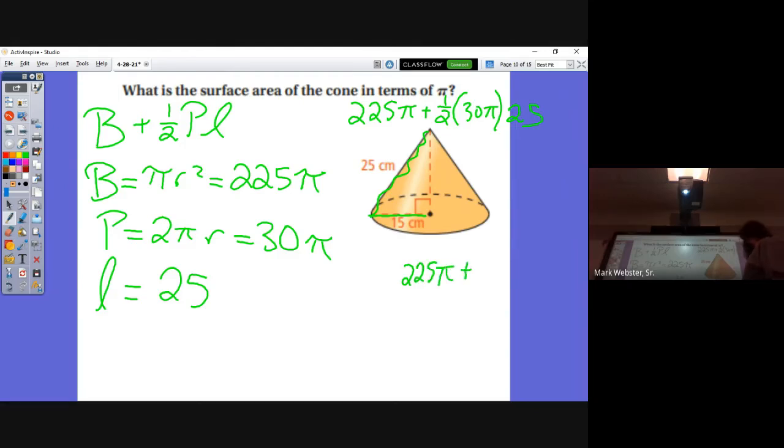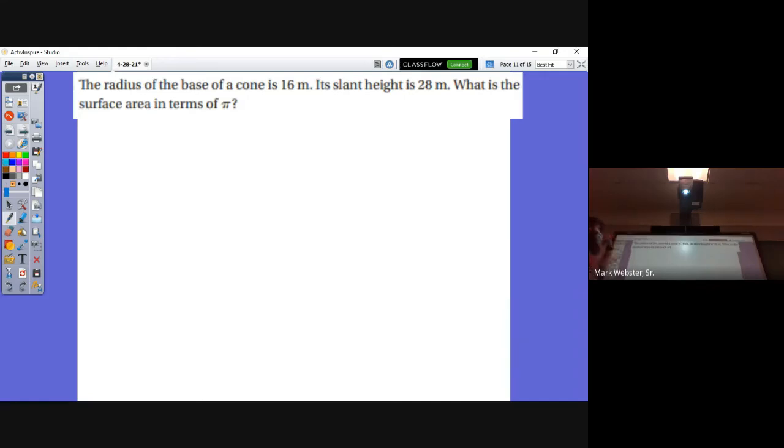I want to say this is something 75. 15 times 25. 375 or 75? 375. Then you add those together, 600 pi. Again, don't try and think about this too much. These are centimeters squared.